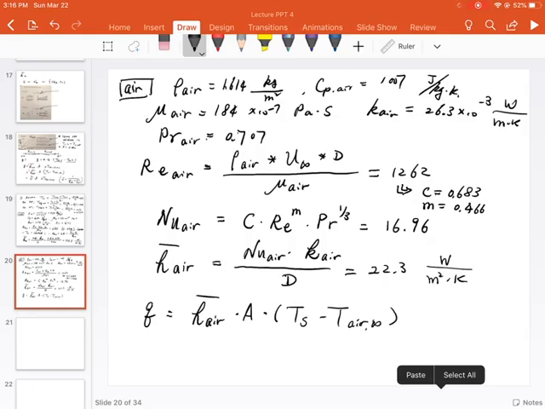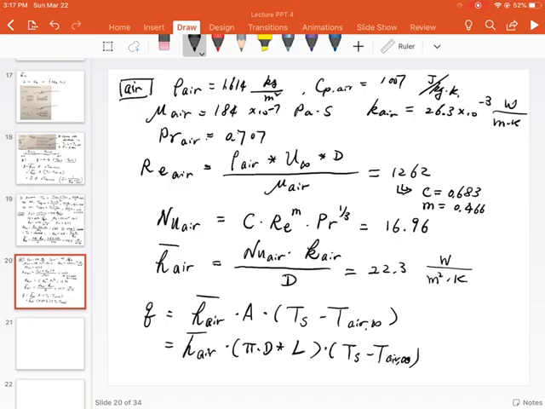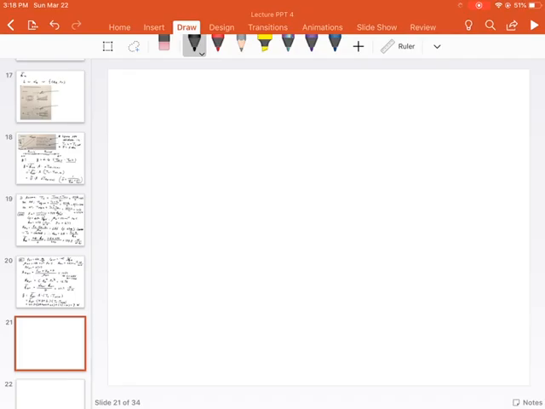If you punch in all the numbers, it is 7 watt. If the Q equals 7 watt, then this Q would have to equal the Q water as well.